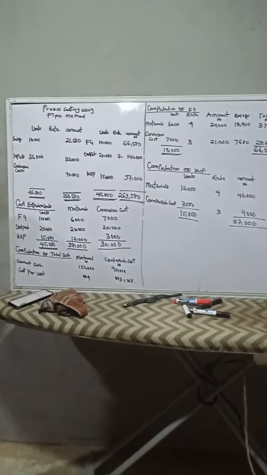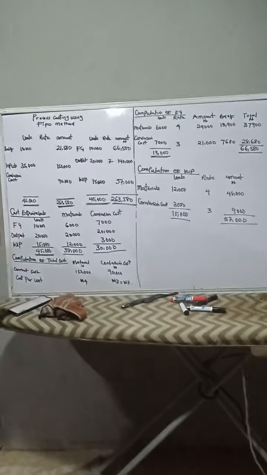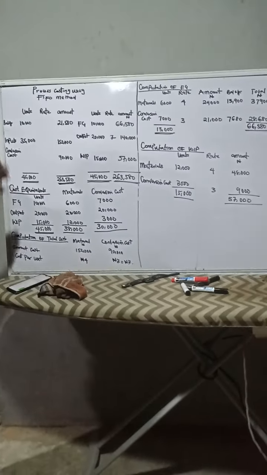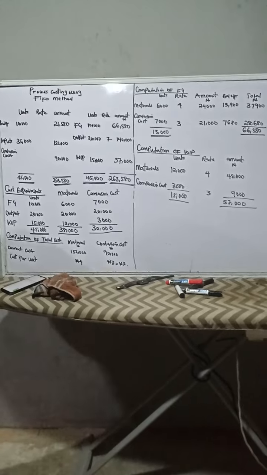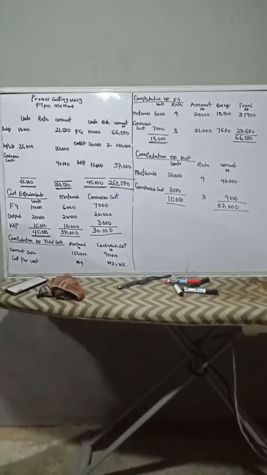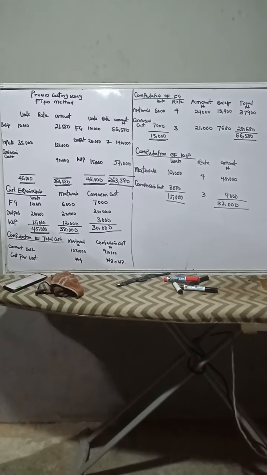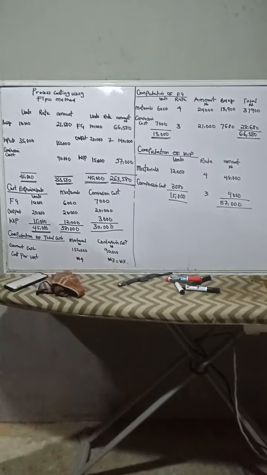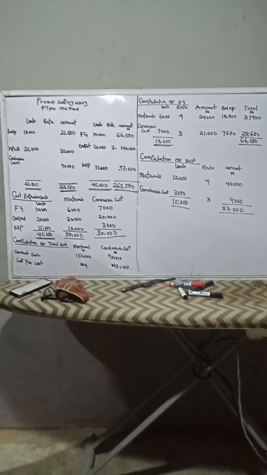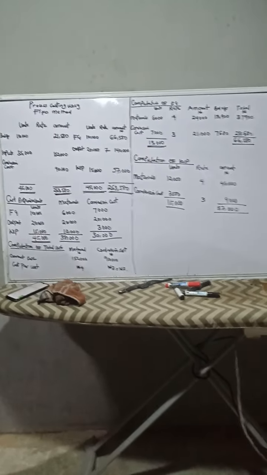You can practice more questions online. You can also practice from past questions from any of these accredited universities. The FIFO method is not difficult. It's very easy to understand. It's very simple, like the weighted average.